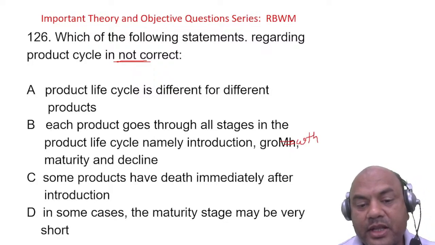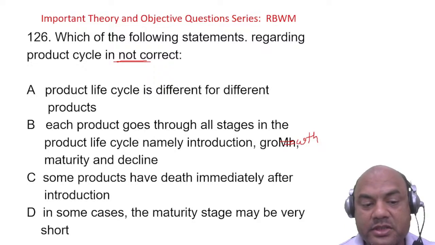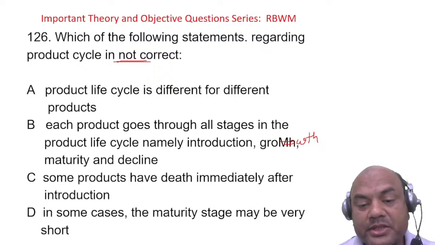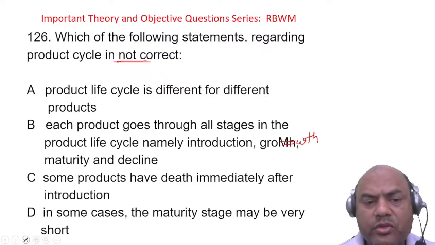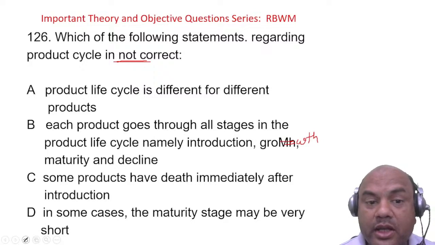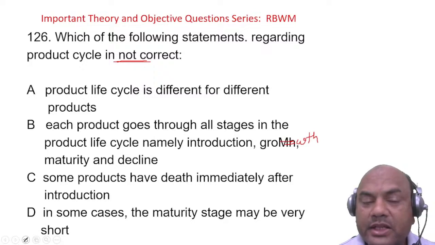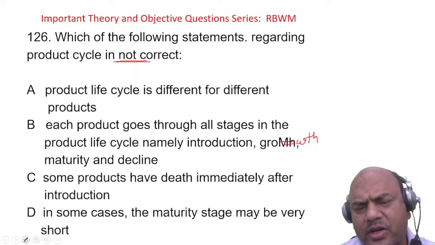Some products have death immediately after the introduction. In some cases, the maturity stage may be very short. So let's look at them one by one. Product life cycle is different for each and every product.